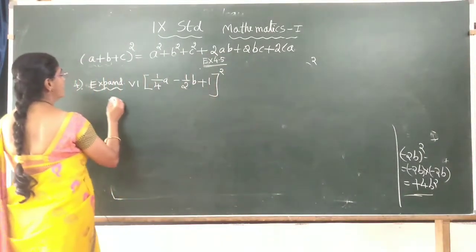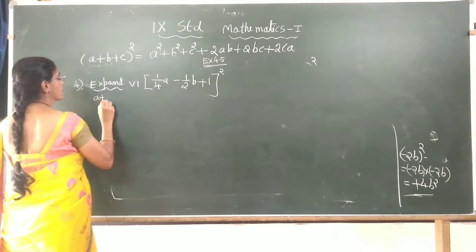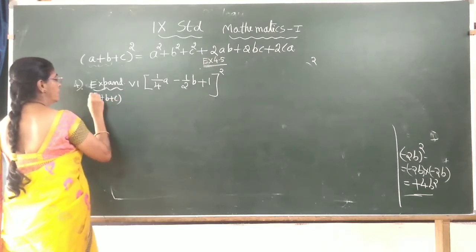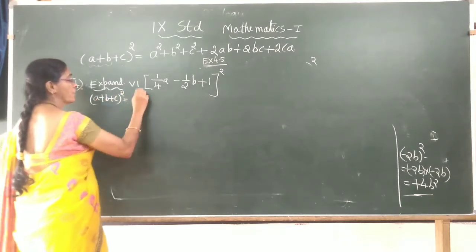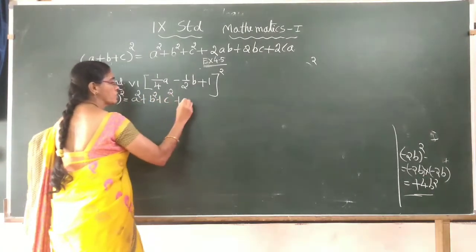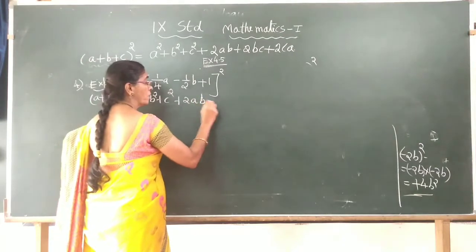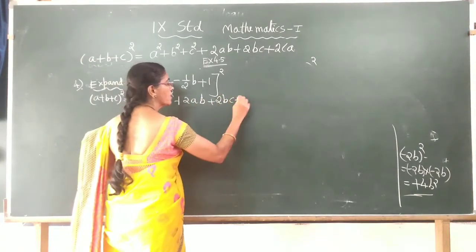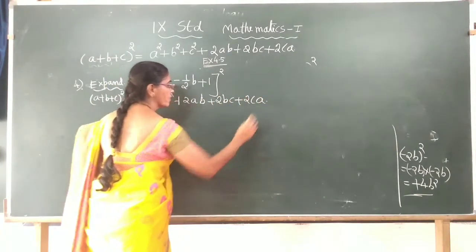Now write the identity first. (A + B + C)² = A² + B² + C² + 2AB + 2BC + 2CA. Right?